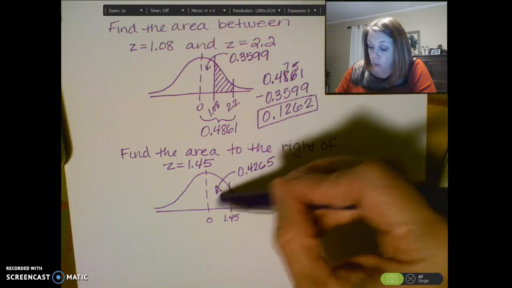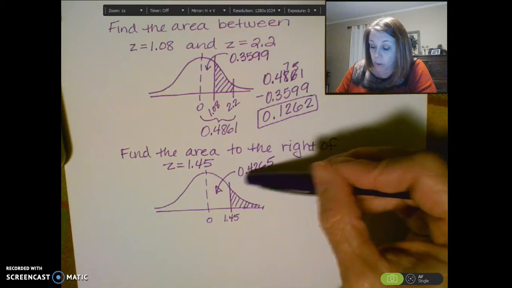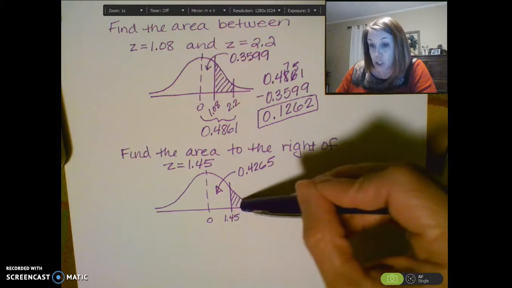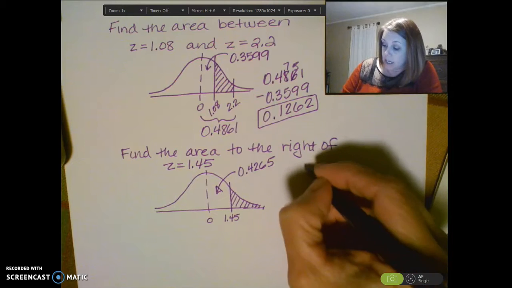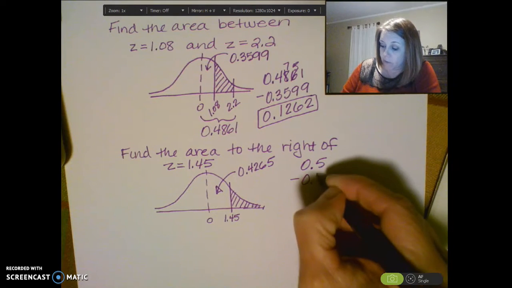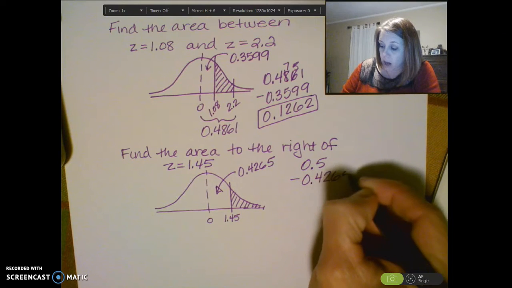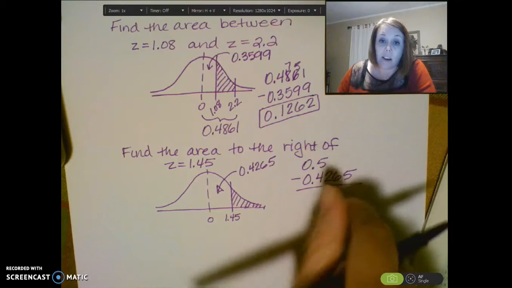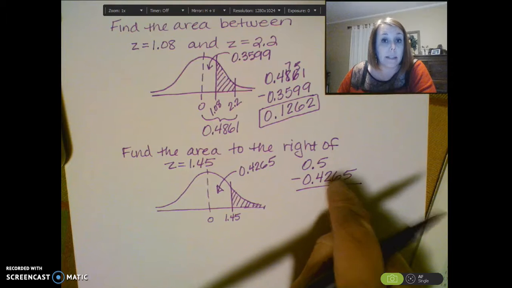If I don't want to include this area of 0.4265, but I do want the area in the tail, then I take that half and subtract from it 0.4265. And that's going to give me the amount of area that lies in the tail on the right side.